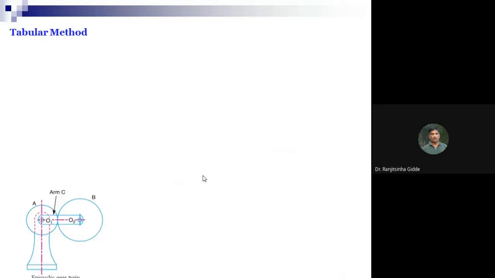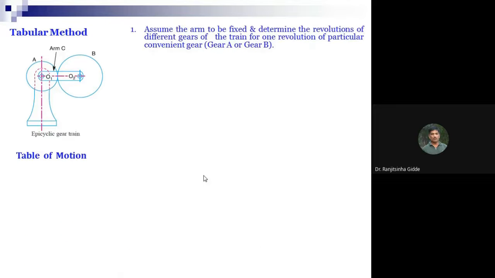First assume the arm to be fixed, and determine revolution of different gears of the gear train for one revolution of a particular convenient gear. So if the arm is fixed, such an example will be given like this.